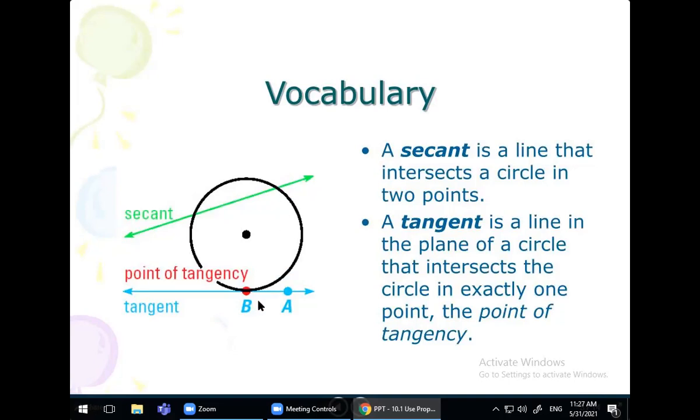And we have another one, called a tangent. A tangent is a line that intersects a circle at only 1 point. This point is called the point of tangency. So a secant is a line that intersects a circle in 2 points. A tangent is a line in the plane of the circle that intersects the circle in exactly 1 point.